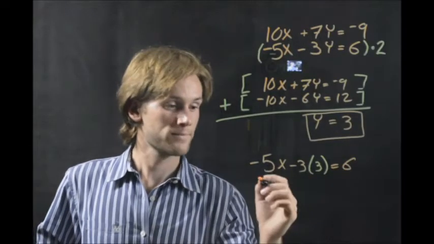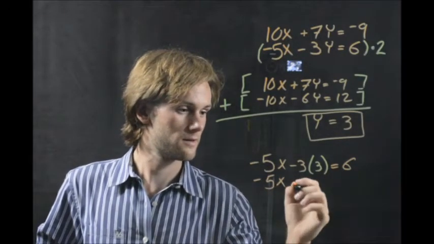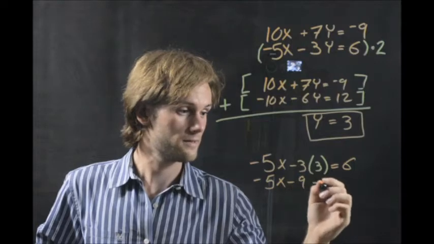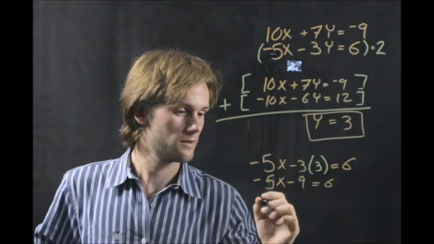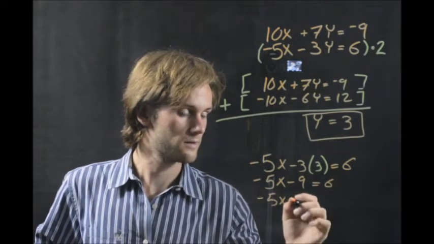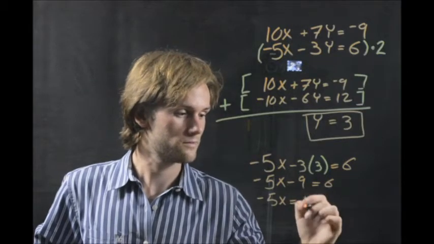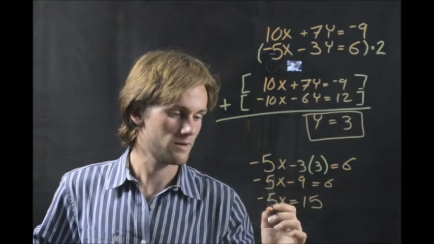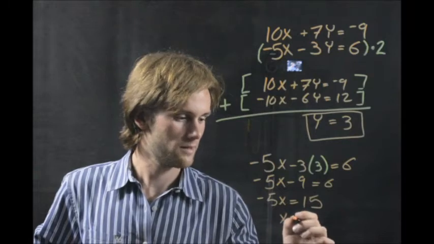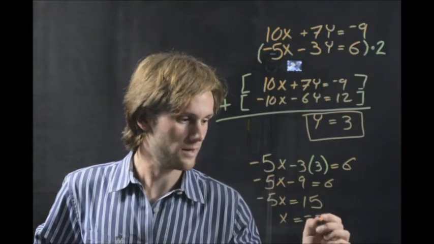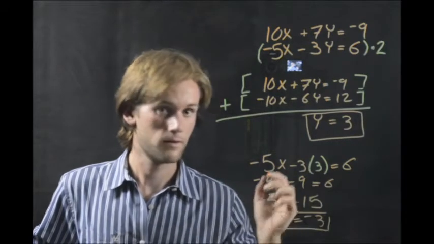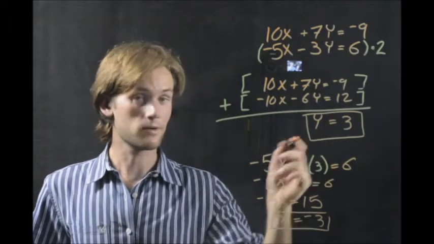All right? Negative 5x minus 9 equals 6. Negative 5x equals 15. Divide both sides by negative 5 and we get x is equal to negative 3. So we have negative 3 and 3.